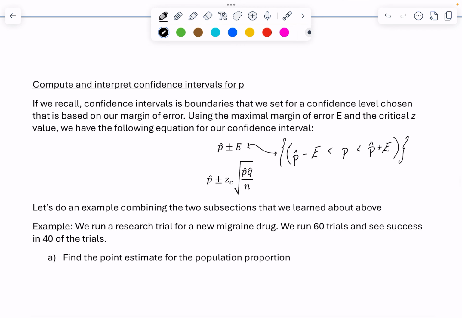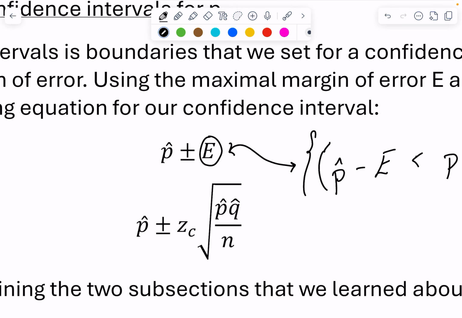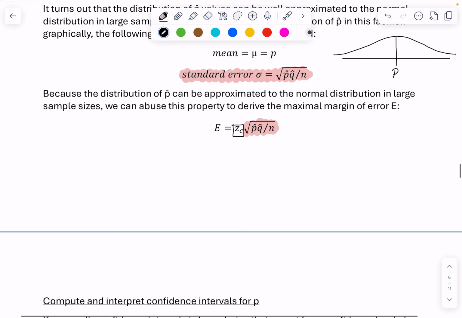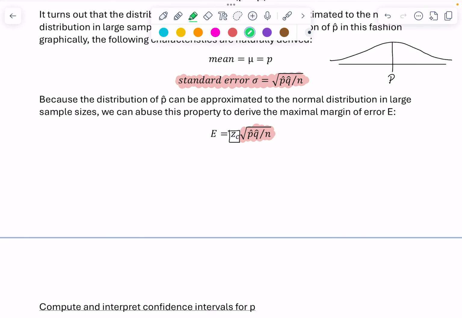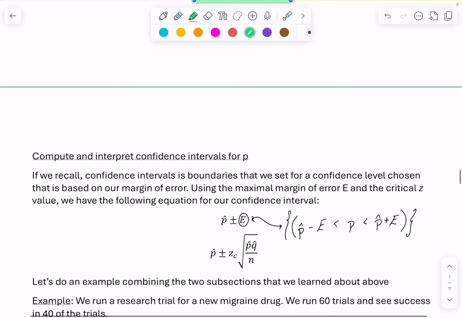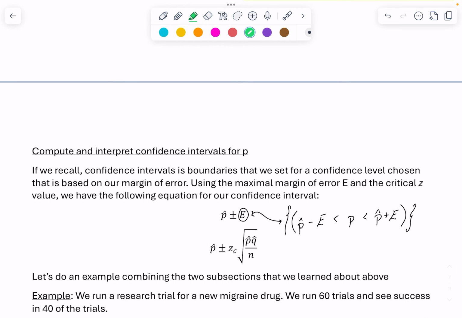And in this second equation that we have here, what we're doing is we're taking our margin of error equation that we have above here, that I'm going to be bordering in green here, and we're plugging it into the equation, okay?